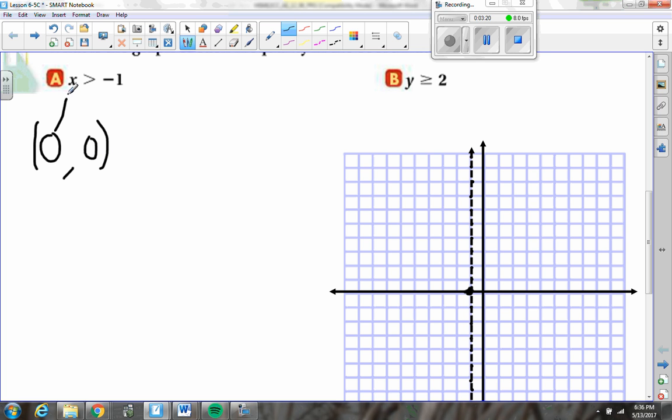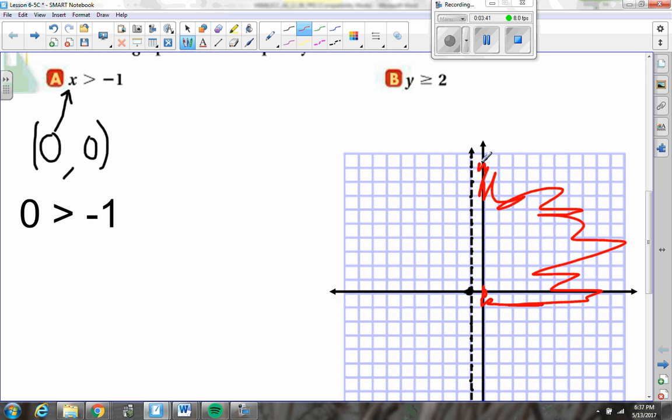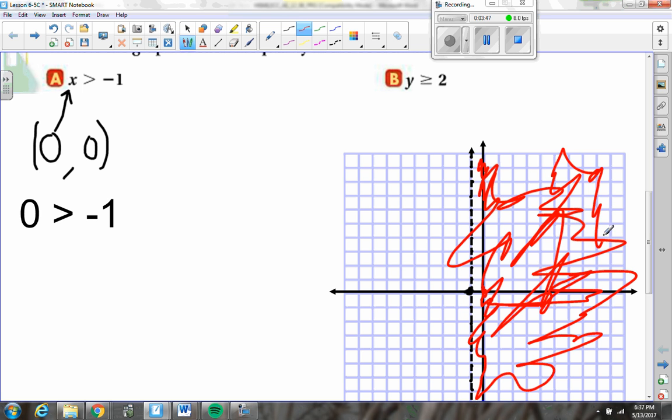The 0 goes in where the x is, and that's how we decide where to shade. So the question is, is 0 greater than -1? The answer, of course, is yes. So I will shade the 0, 0 point and everything on that side of the line. All of this stuff would get shaded in on my graph.